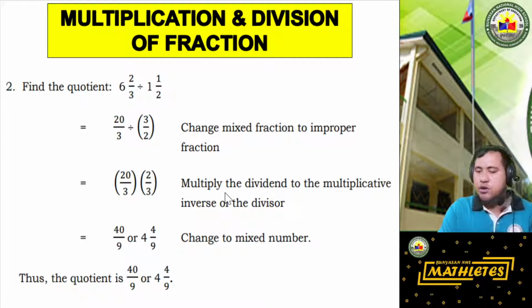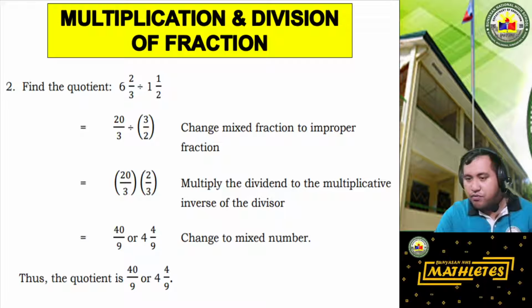The answer can be an improper fraction or a mixed number, as long as it is in the simplest form. When you say simplest form, it can no longer be reduced.